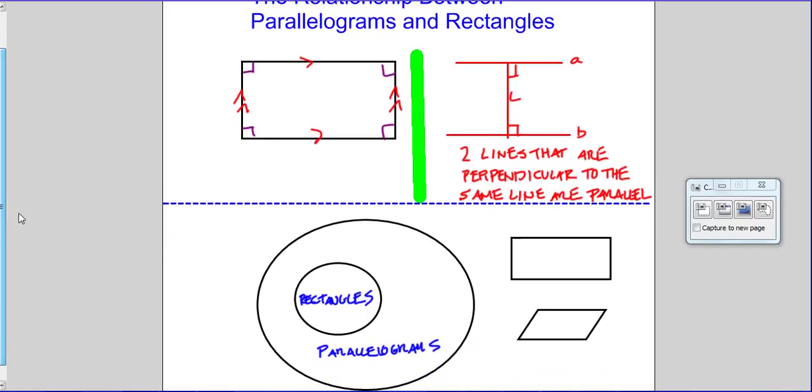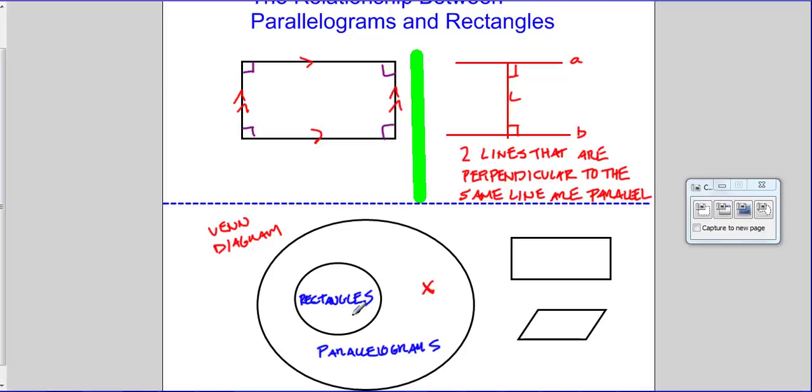Therefore, a rectangle fits the definition of a parallelogram, where a parallelogram is a four-sided figure where opposite sides are parallel. So all rectangles, using what's called a Venn diagram, the set of all rectangles is a subset of the set of parallelograms. So all rectangles are parallelograms, but there are parallelograms that are not rectangles.